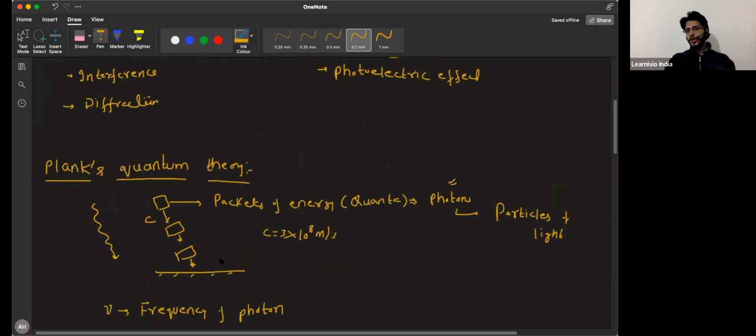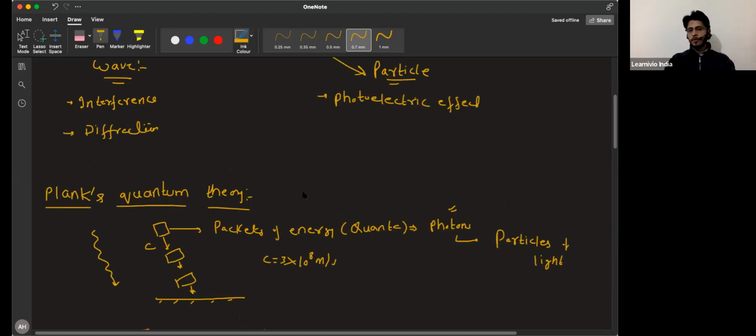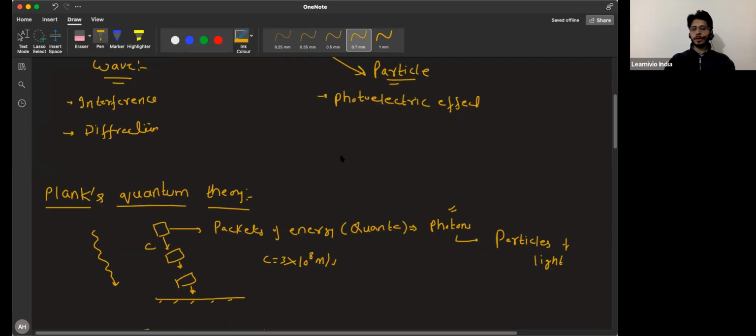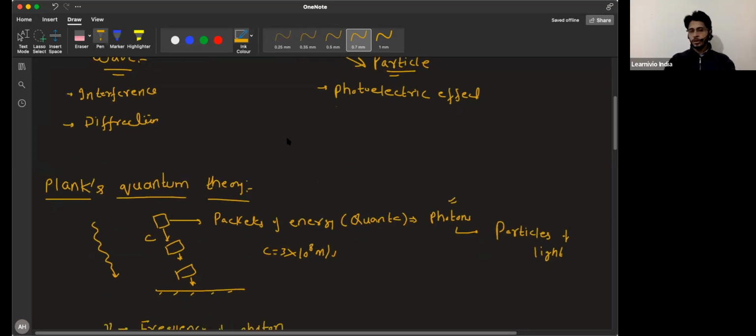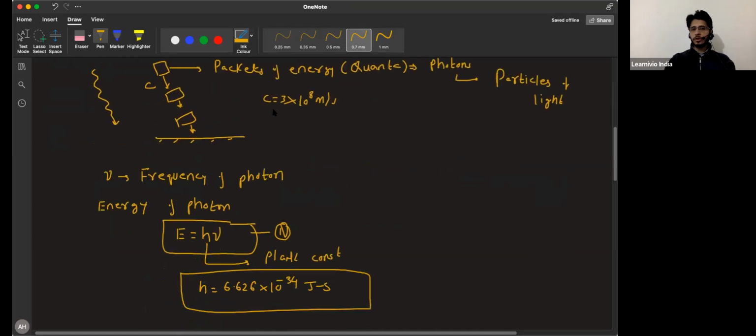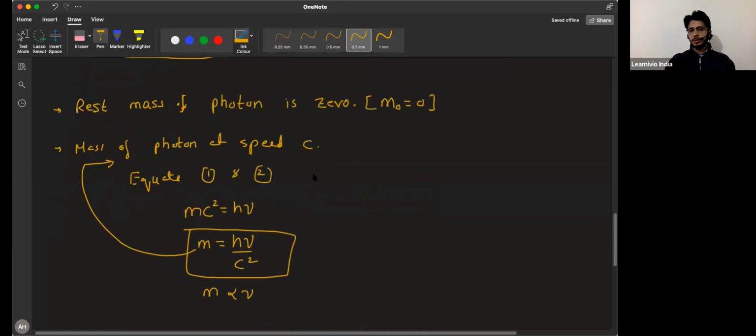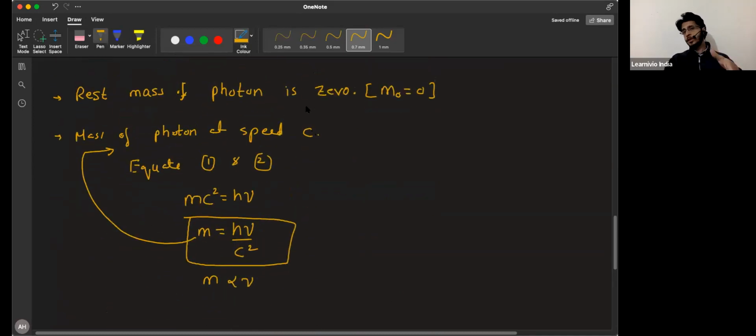These three topics are general modern physics. We have not yet started photoelectric effect. Your syllabus starts with photoelectric effect, but to understand modern physics, you should know these theories: Planck's quantum theory, energy, Einstein's mass energy equivalence, and you should know that the rest mass of the photon is zero.